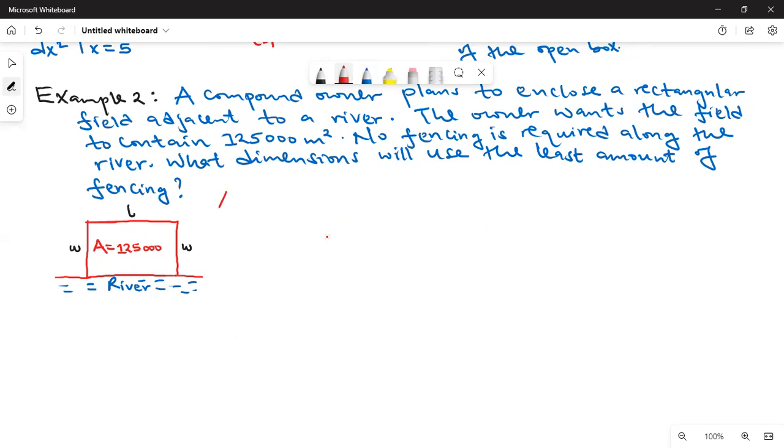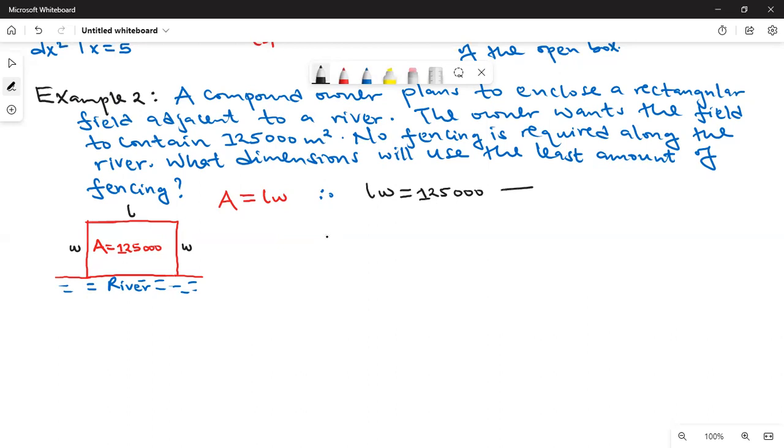We know that area of a rectangle is given by length times width. And that area is supposed to be 125,000. So from the given information, length times width is supposed to be 125,000.